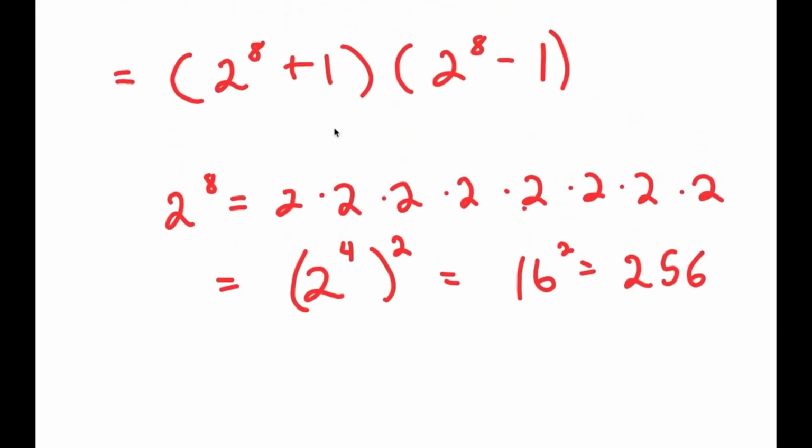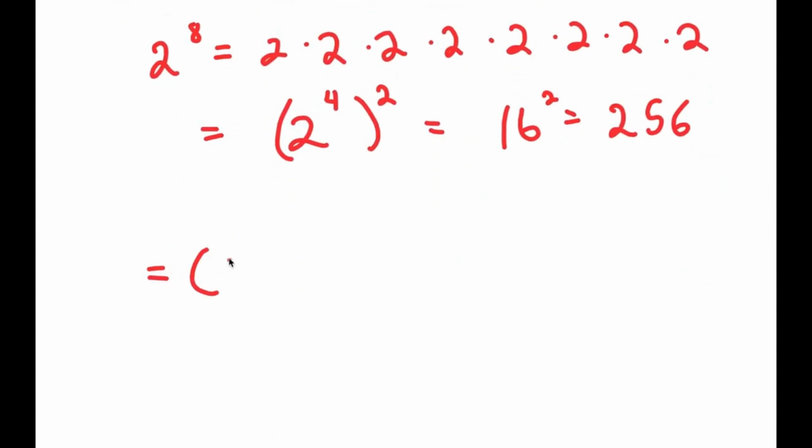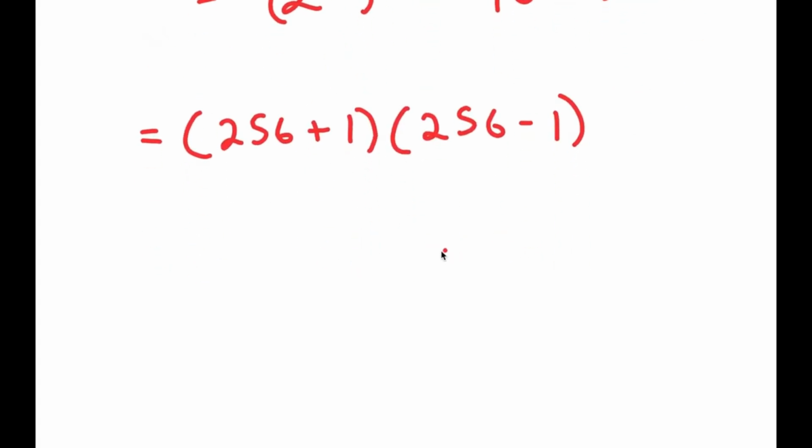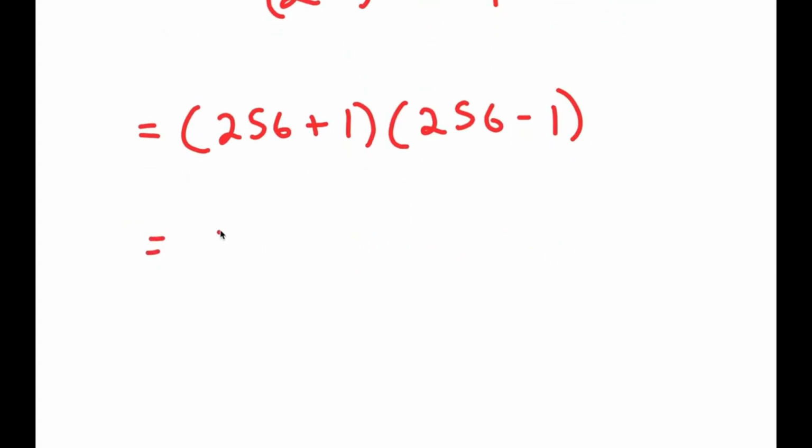So I can replace 2 to the power of 8 with 256. So now I have 256 plus 1 times 256 minus 1, which is equal to 257 times 255.